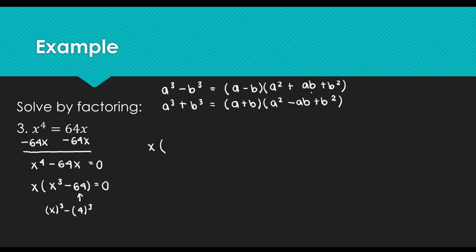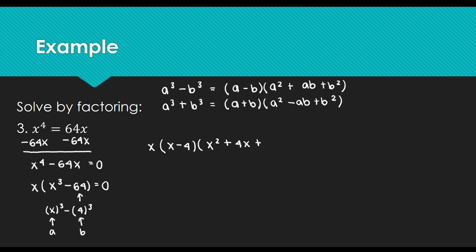Now I'm going to follow the top definition here. So a minus b. Technically that's your a term of x and 4 would be your b term. So we're going to have x minus 4. Then that's going to be multiplied by a squared. Well, if a is x, that's x squared. Plus, then I want a times b. So x times 4 would be 4x.